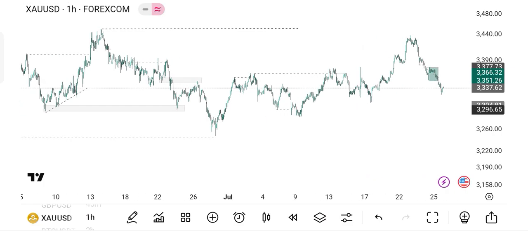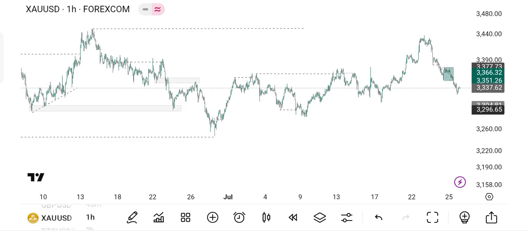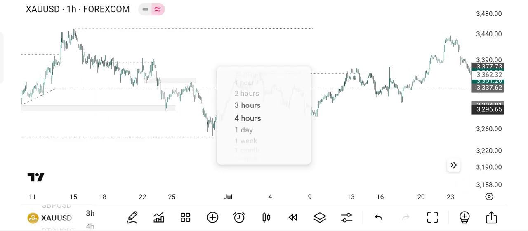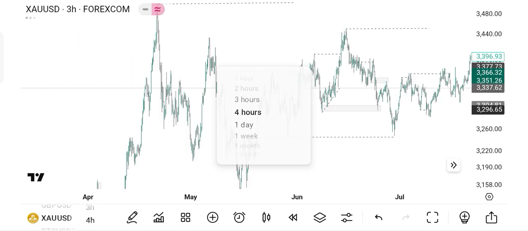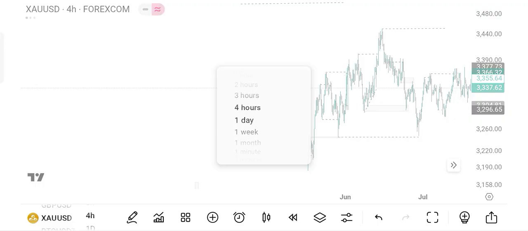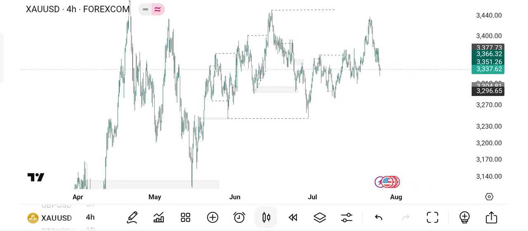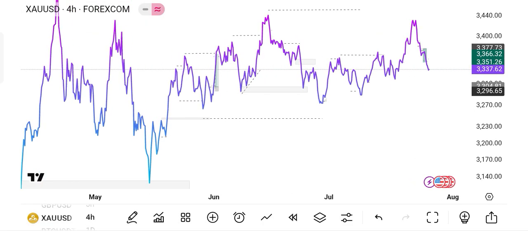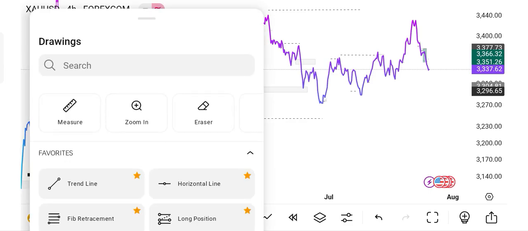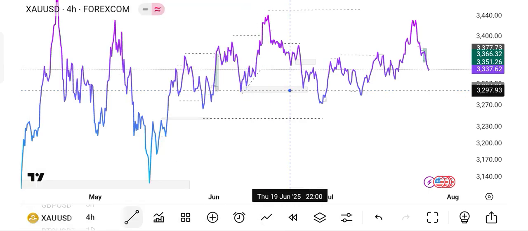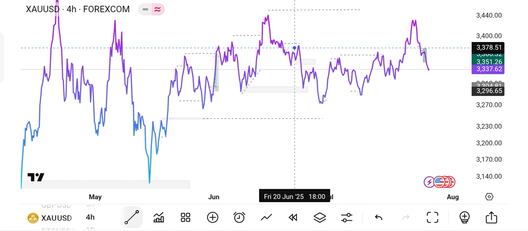So now, sorry, let's go back to the 4 hours time frame for a clearer view. Here is what I'm seeing. I'm seeing a sweep from here, or okay, breaker block rather.